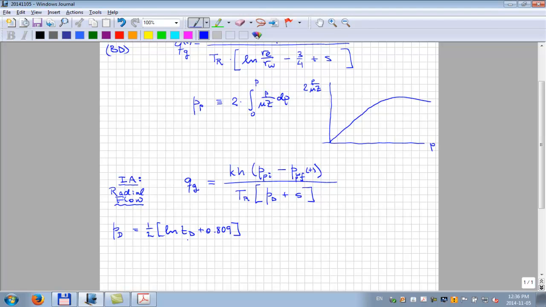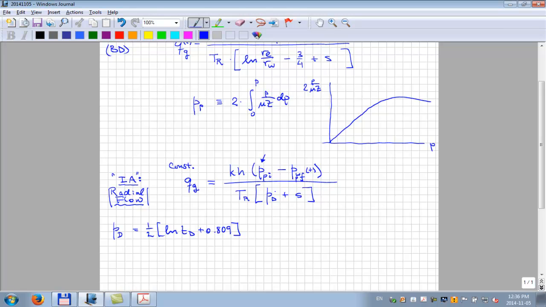So when you see that part, that's what he's talking about. We're talking about infinite acting flow before the boundaries are affected. We're talking only about the radial flow period. And this can be inserted in here. We have to change out the average pressure with the initial pressure, and basically we get, this is for a constant rate.